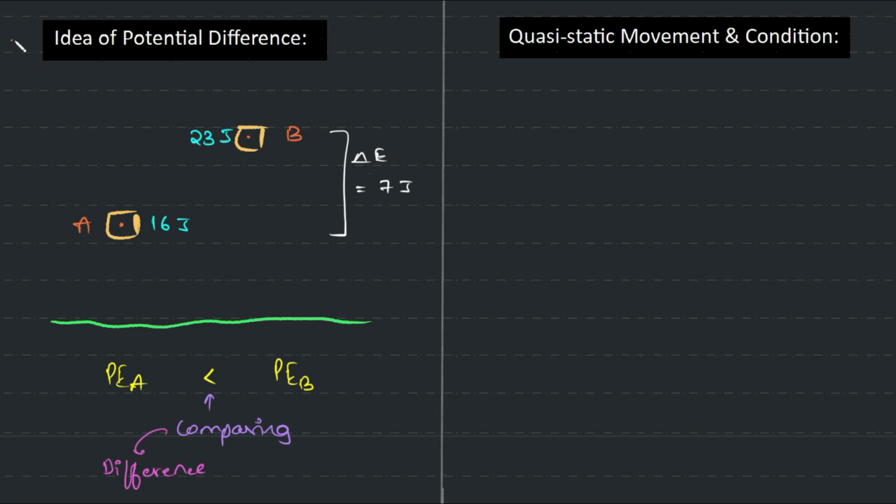We will use a word called quasi-static movement, and we're talking about its condition as well. Quasi-static literally means very, very slow. I'll explain it this way. Say I have an object and I want to move it to the right at a very fast rate, say at 120 km per hour.